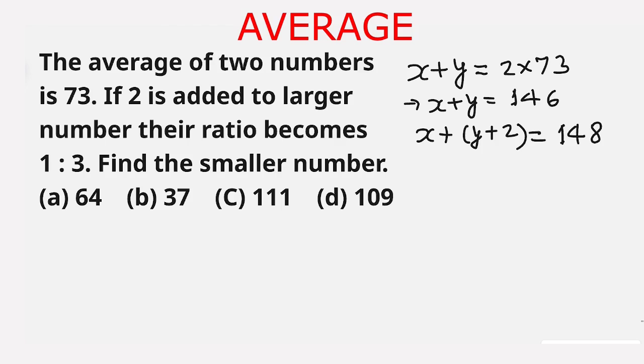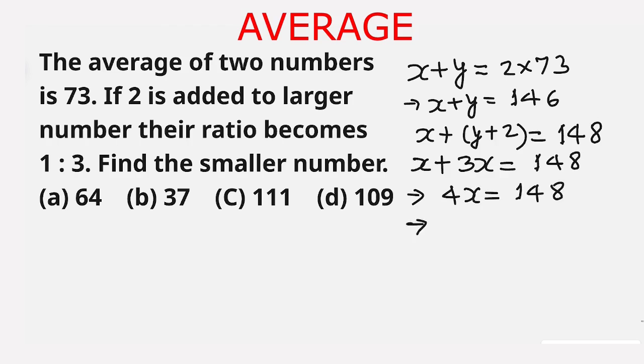Now x ratio y plus 2 given to us is 1:3. So if x is 1, then y plus 2 is 3. So if x is x, then y plus 2 will be 3x, so x plus 3x equal to 148, or 4x is equal to 148.